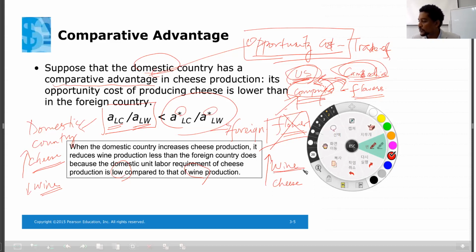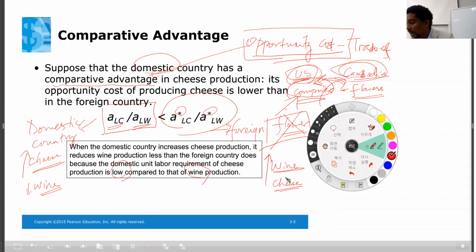The quantity of wine should be higher there, and the quantity of wine should be lower here. Okay, so we can decide on the quantity later on. If the labor in domestic, for example, is 600 and in the foreign is 1000, how much cheese and how much wine should the domestic and foreign countries produce? Then we will see later on.